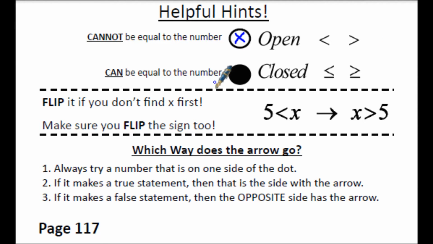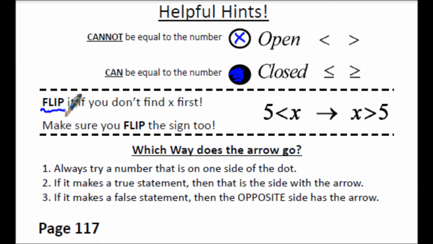If it can be equal to the number that we put our circle, then there is a solution. That's where we're going to fill it in, and it's called a closed circle. We are going to be using the less than or equal to or greater than or equal to show that it can be equal to that number. So if we have that equal to sign underneath the inequality symbol, it can be equal.